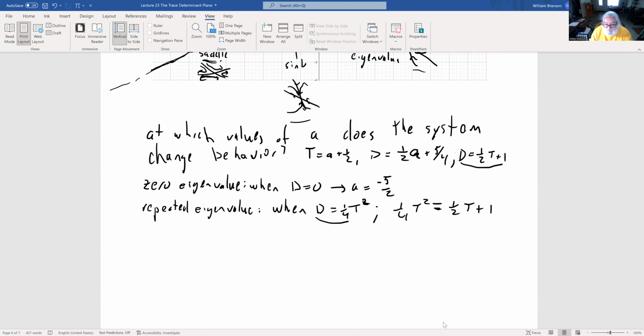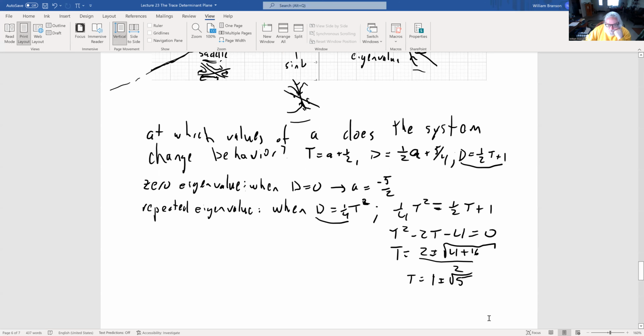And then we can pull everything together. We'll multiply through by 4, and we'll get t squared minus 2t minus 4 equals 0. Then t equals negative b, which is 2, plus or minus the square root of 2 squared, which is 4, minus 4ac, which is going to be plus 16, over 2. So t is 1 plus or minus the square root of 5.